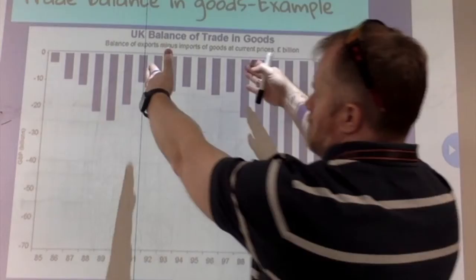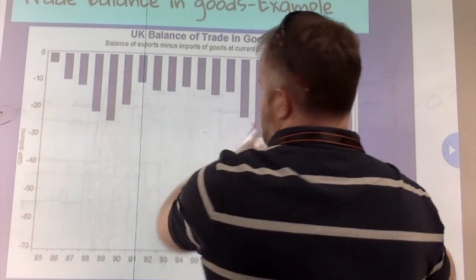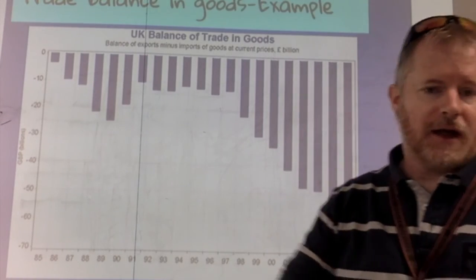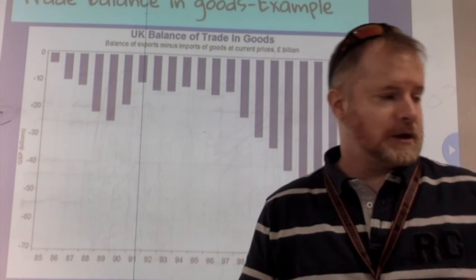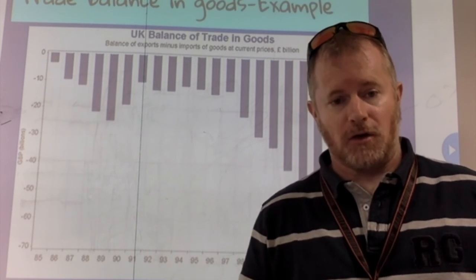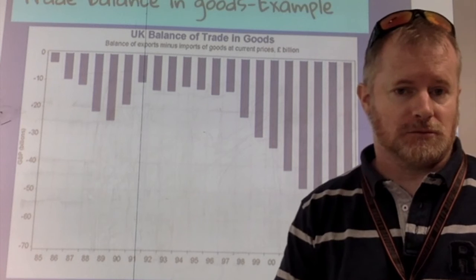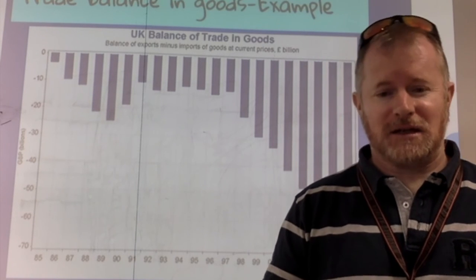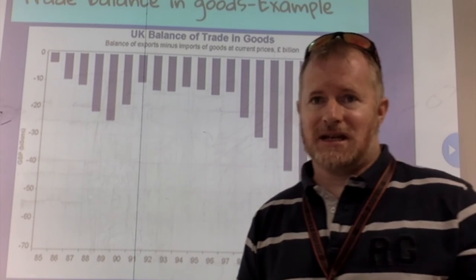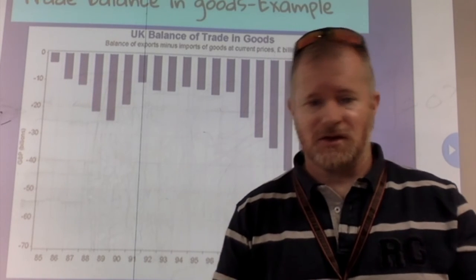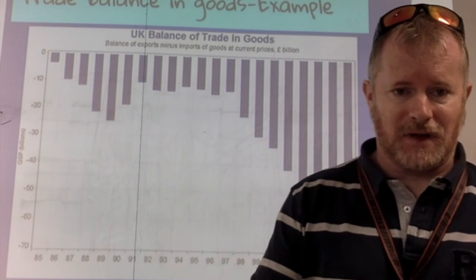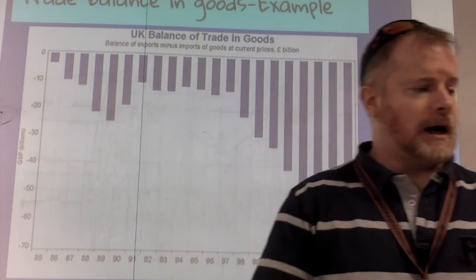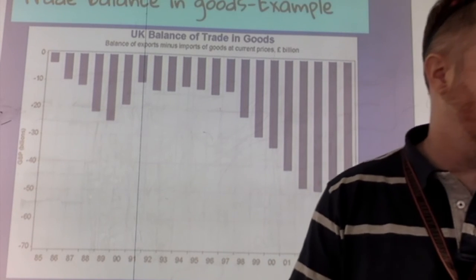So you could make a comment about the size difference, that the more the UK joined Europe, the bigger this trade and goods deficit has grown. Yeah, you can make that as an argument. You do need to consider the size of the economy, and that the size of the economy will have also grown over that period of time. So you could make that as an argument too.